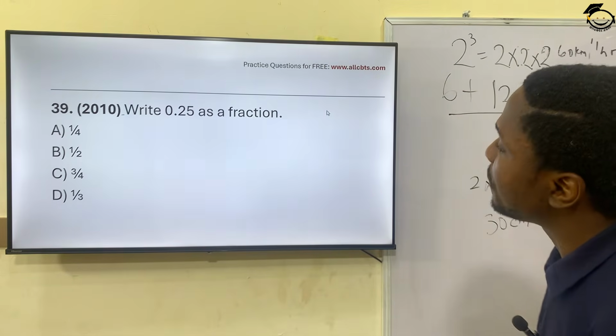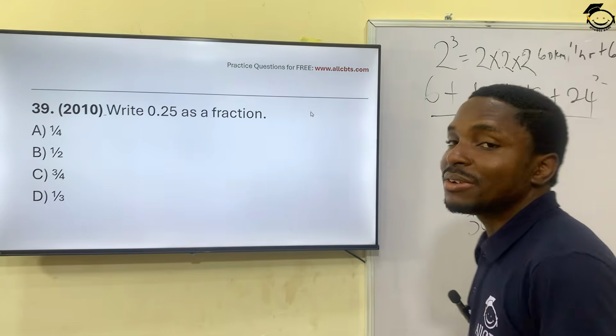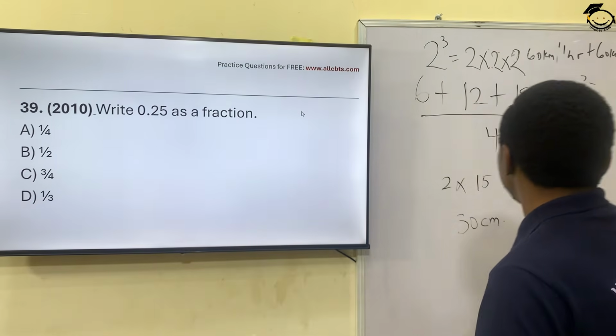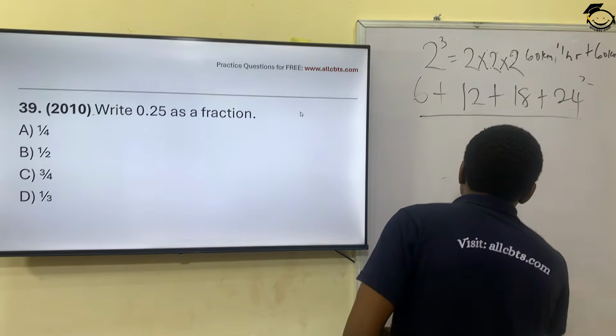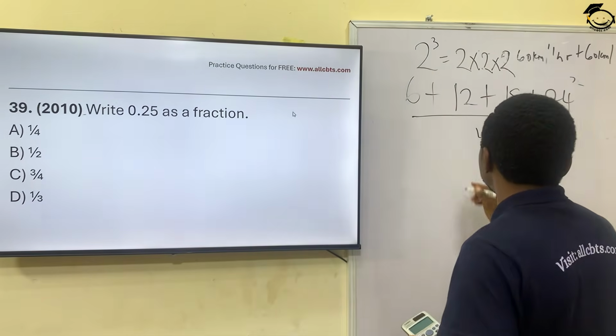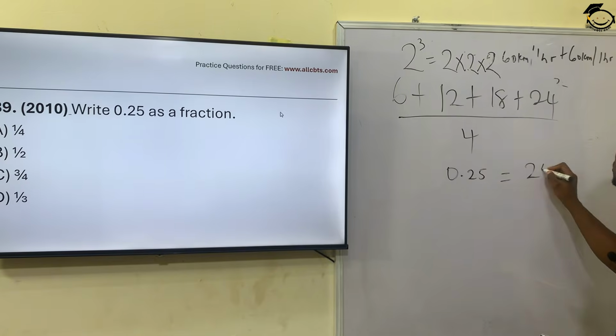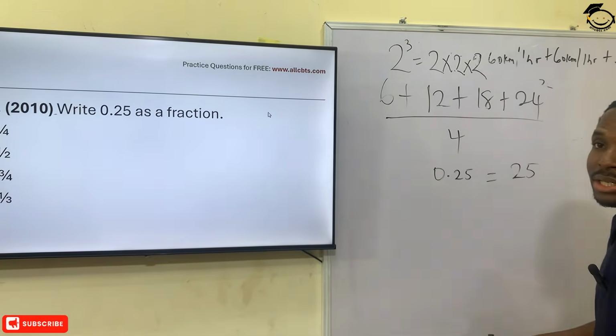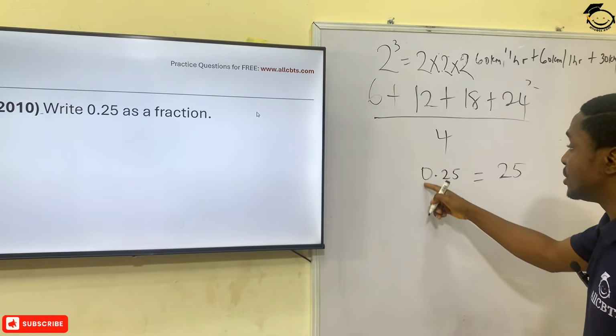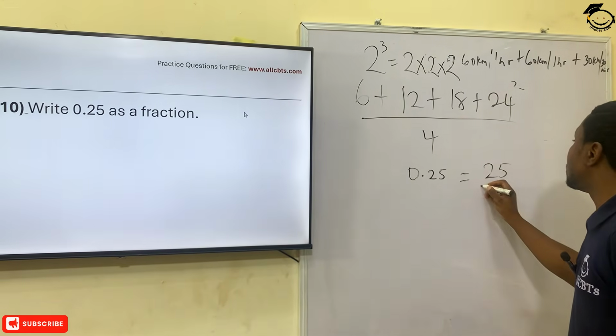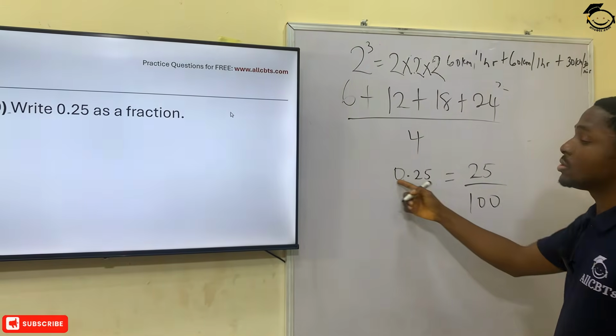And 39, second to the last question. Write 0.25 as a fraction. Fraction means it should be 1 over. So just like we did for the other one now. 0.25 as a fraction will be simply 25 over how many? It's in how many place? This is in the 100th place. So by the time you turn it, it will be over 100 because this is 100th.